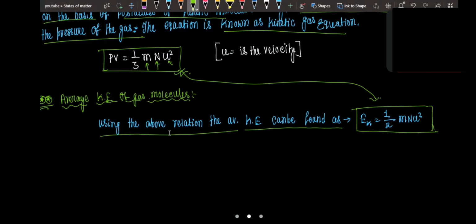Now what we are going to do is write this kinetic energy equation with respect to the previous equation, PV equals 1/3 mnU square. We are just going to merge these two equations and find out the average kinetic energy of a gaseous molecule. So let's just do that.